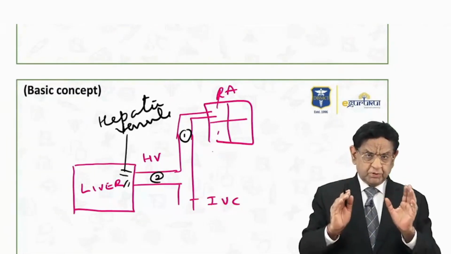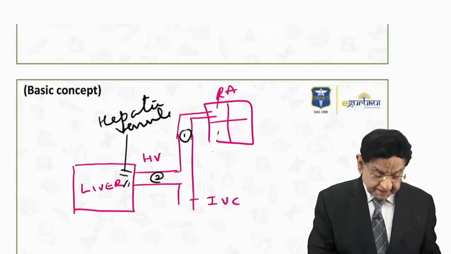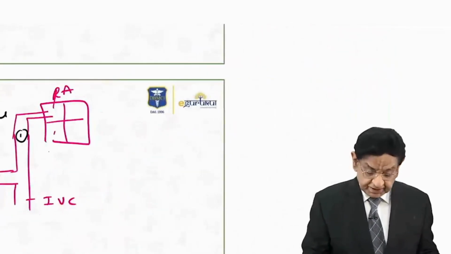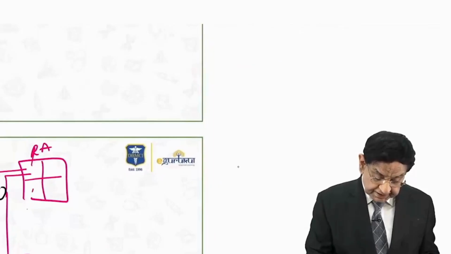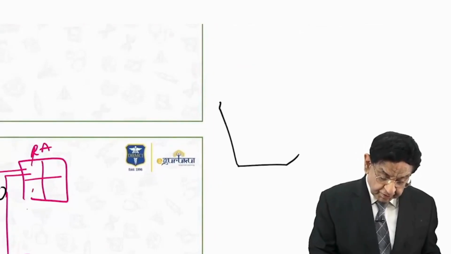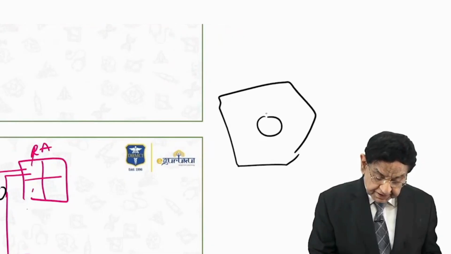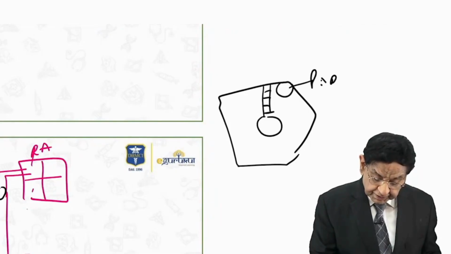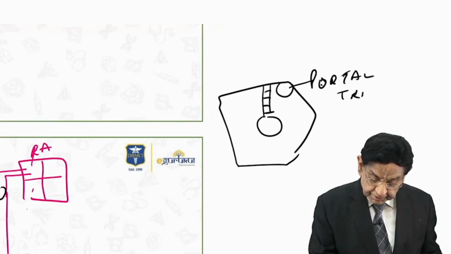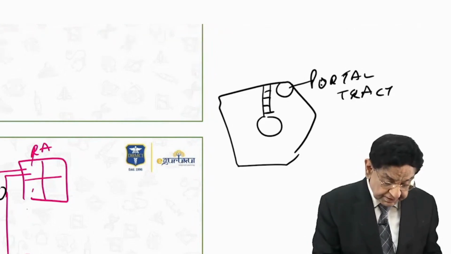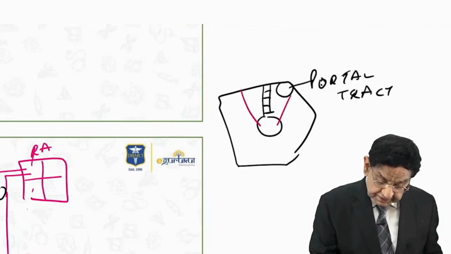But point to be noted that we know very well these hepatic venules, they get blood from the sinusoids. Here is the hepatic lobule, central vein, hepatocytes and portal tract. And here we have sinusoids.